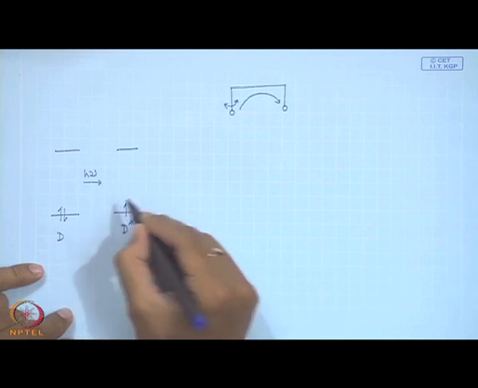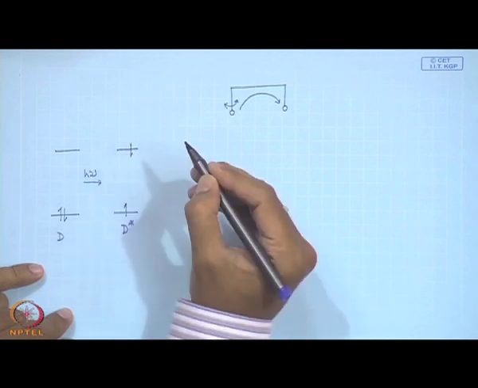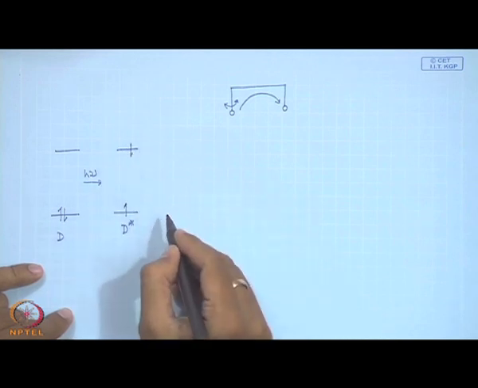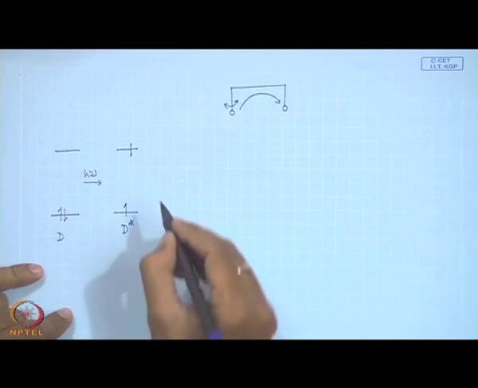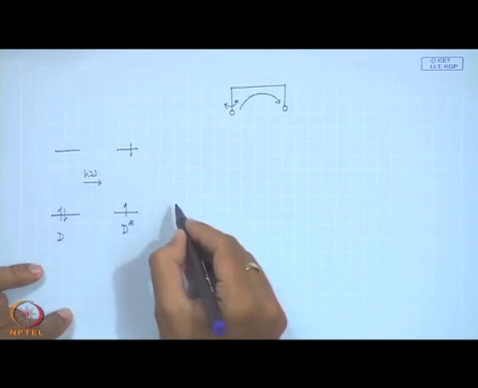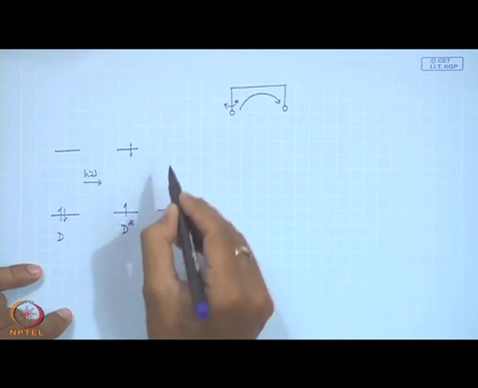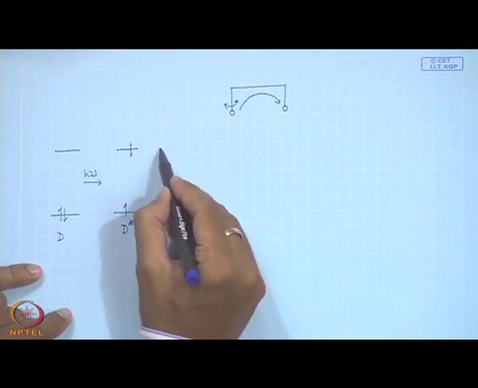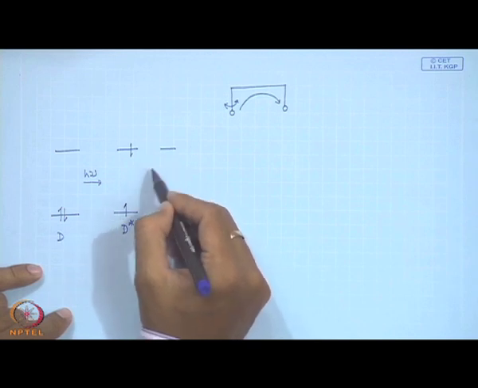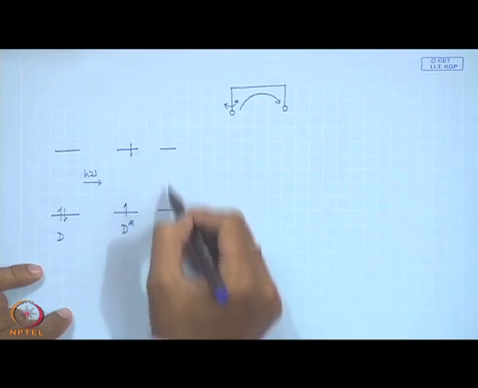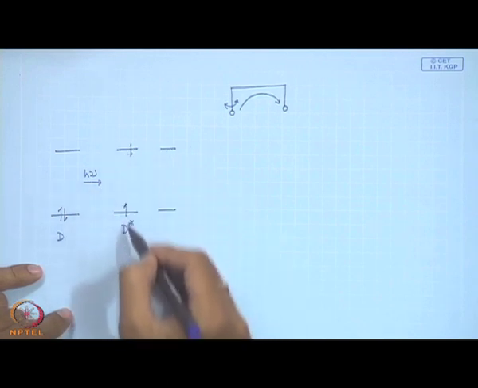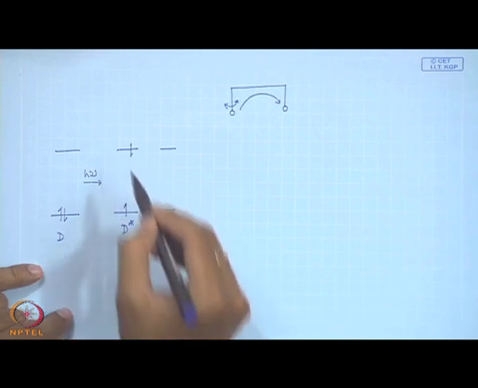So this is D, and this is the excitation process, and then you have an acceptor whose energy gap is matching exactly with the energy gap of these two levels.